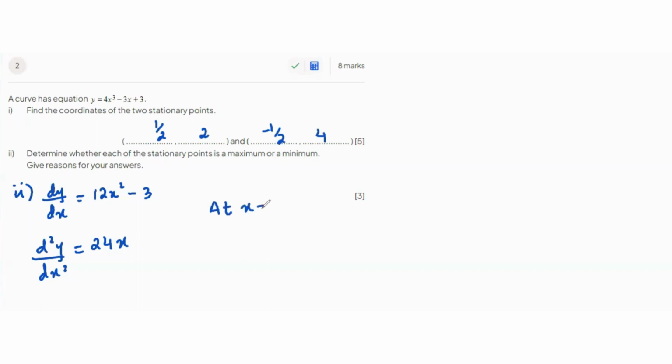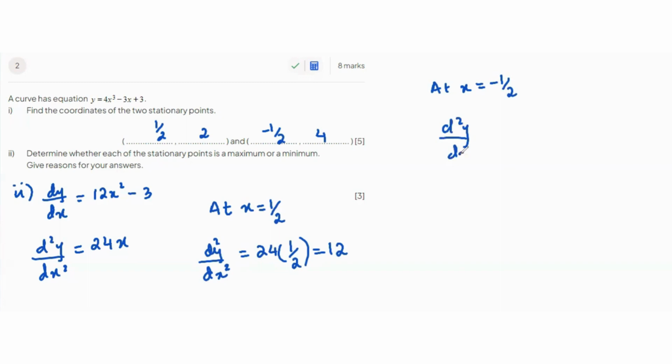So at x equals 1 over 2, d squared y by dx squared is going to be 24 times 1 over 2, and that is 12. And at x equals negative 1 over 2, we have d squared y by dx squared equals 24 times negative 1 over 2, which is negative 12.